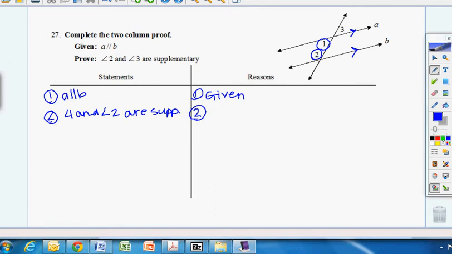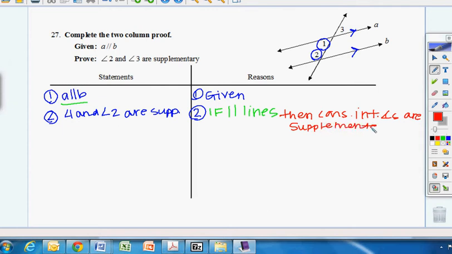Once again, if I have parallel lines, then consecutive interior angles are supplementary. And look, I end with this. So make sure you're starting with what's above and then concluding something from that.